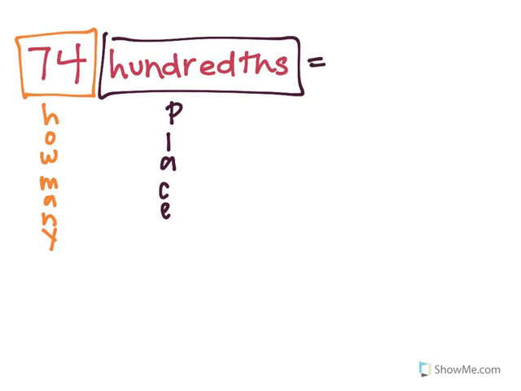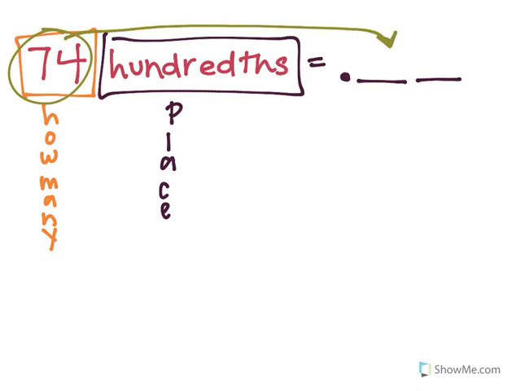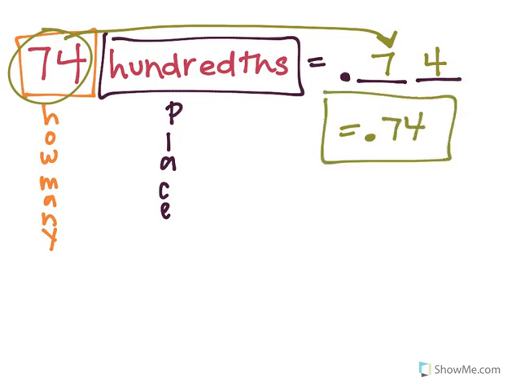So I'm in the hundredths place, so I put my decimal point, draw my line for tenths, draw my line for hundredths, and now I bring this 74 over, because I have 74 of them, and I write it on top. So in the end, this is my decimal.